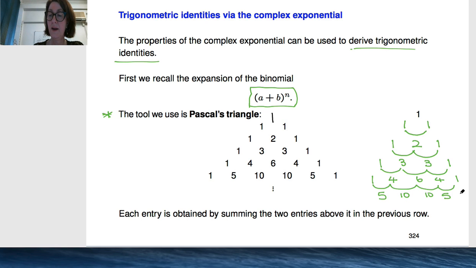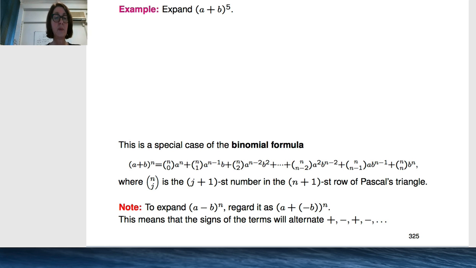And it turns out that in each row you get the coefficients of the expansion of an expression that looks like that for an appropriate n. So let's use that to just do a general expansion. We're going to start off just with an example of expanding this simple expression, a plus b to the power 5.